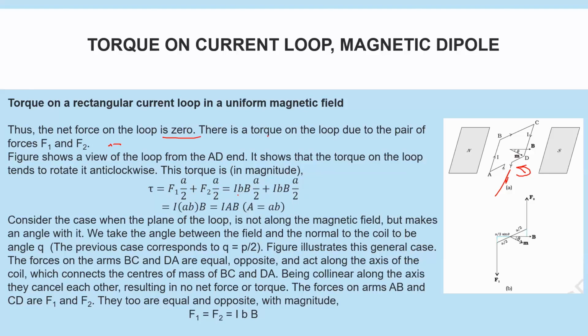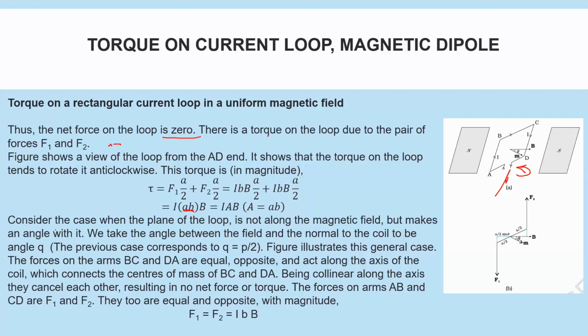Since F1 and F2 are essentially the same, IbB, what you are left with is IABB, where AB is the area of the rectangular loop.